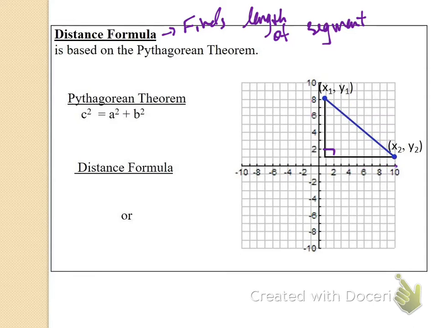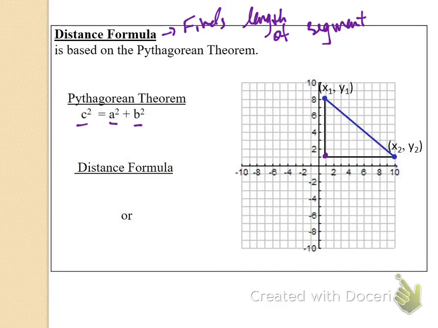Well, the Pythagorean theorem is that relationship of the length of the sides of a right triangle. Pythagorean theorem says that the hypotenuse squared is equal to the legs squared added together. Okay? All right. Well, if we use these generic coordinates for the endpoints, we can come up with a generic set of coordinates for that point.